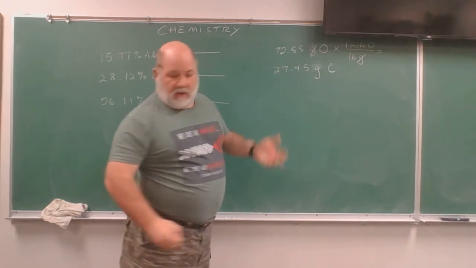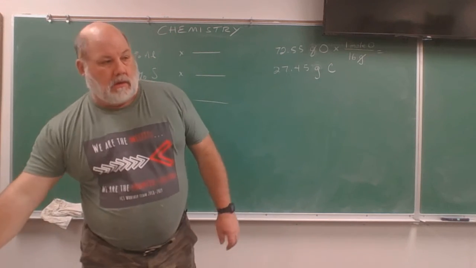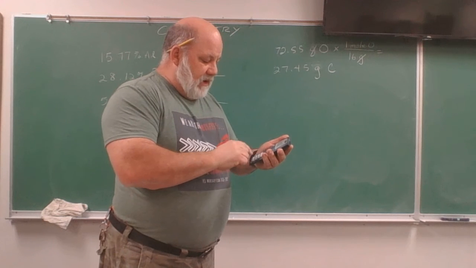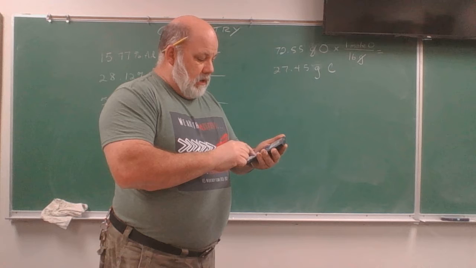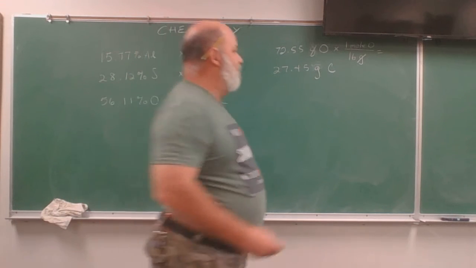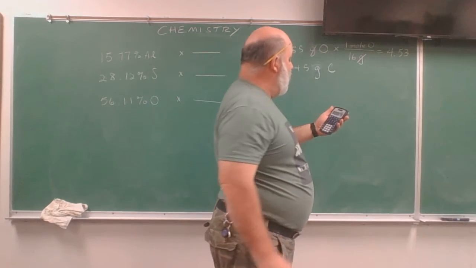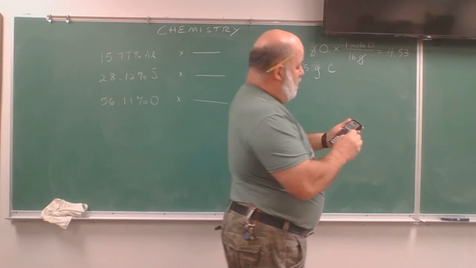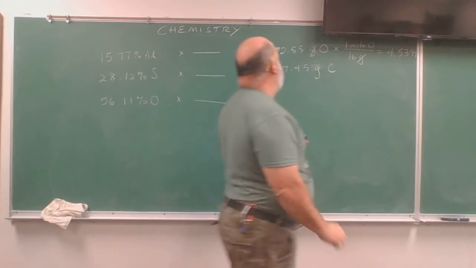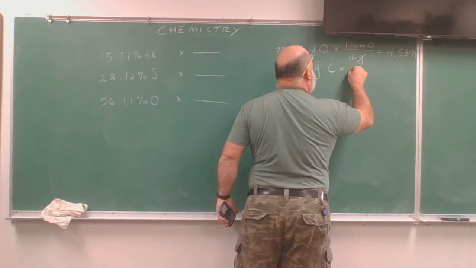And I can do the math there: 72.55 times 1 divided by 16. And I get 4.53. We'll go on out to 4 places, 4.5344 moles of oxygen.